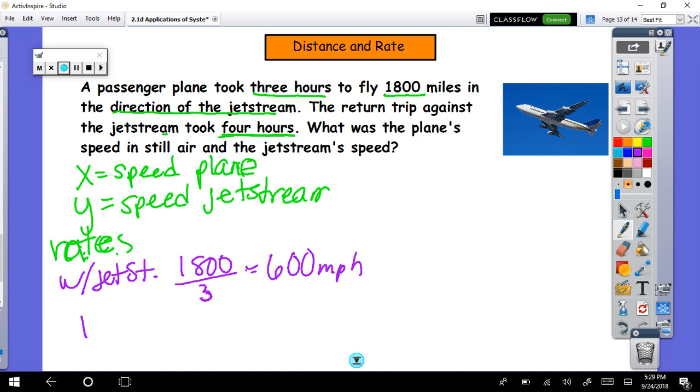Against the jet stream, I had an extra hour, so 1,800 divided by 4. Cut it in half, you get 900, cut it in half again, you get 450 miles per hour.